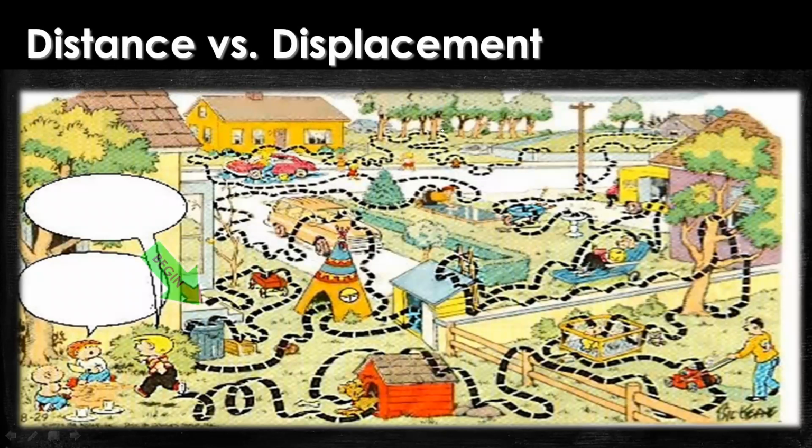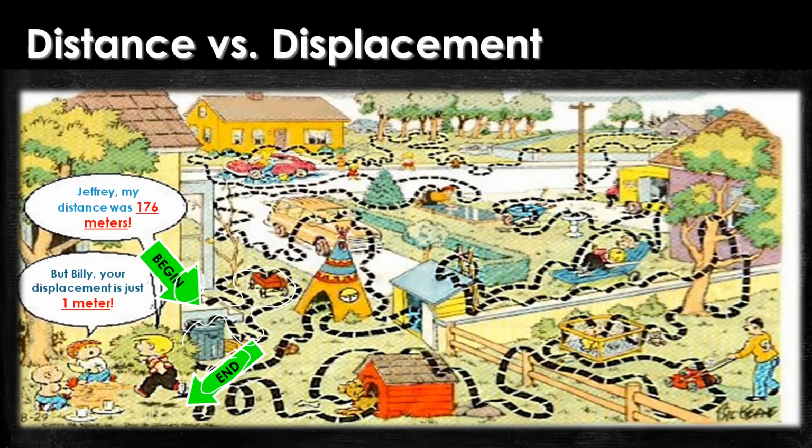In this, one boy has started moving from this point, and he is traveling all the way through these black marked lanes all around, and finally he reaches this point at the end. He is telling that my distance was 176 meters, but his displacement is just 1 meter.